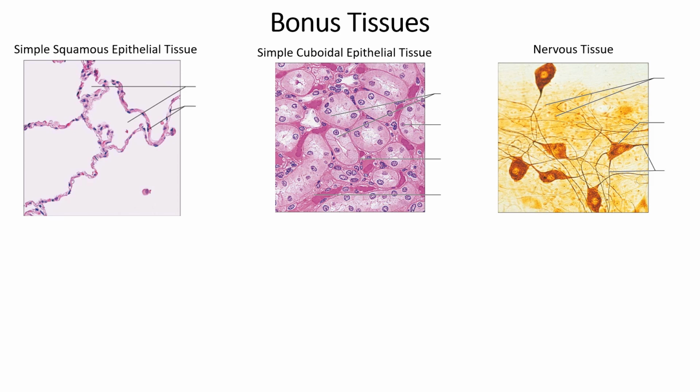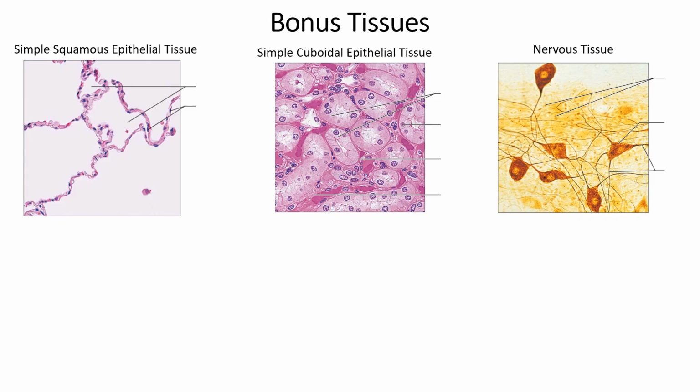The nuclei here throughout look almost perfectly spherical. So if it's an almost perfectly spherical or round shaped nucleus, it's a cuboidal cell. So simple cuboidal, because there's only one row of these cuboid shaped cells.